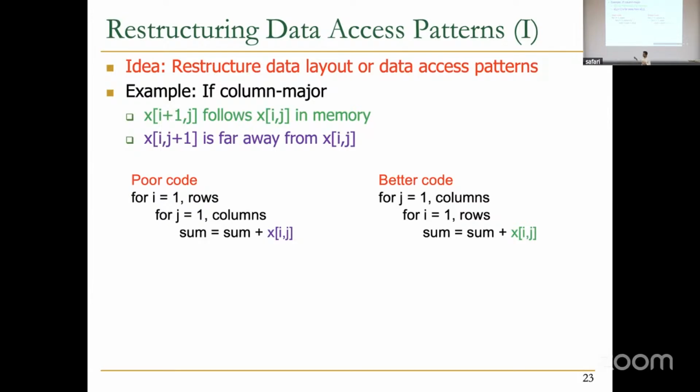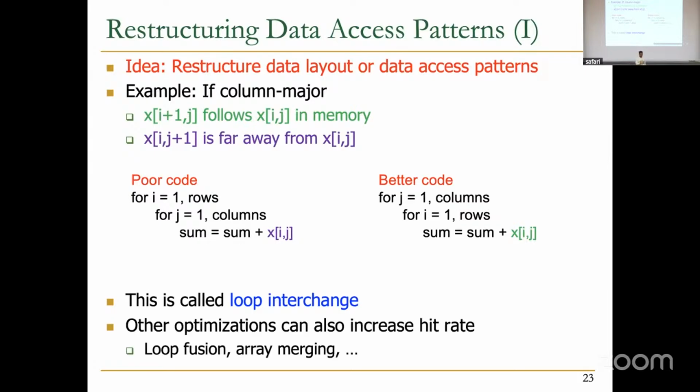But if you just simply restructure this loop, so that you make the column order traversal, then you can exploit locality from the cache itself. That's what I'm mentioning here: you as a programmer can rewrite your code if you know how exactly you are laying out your data, as well as how exactly you are going to access that data in the program.